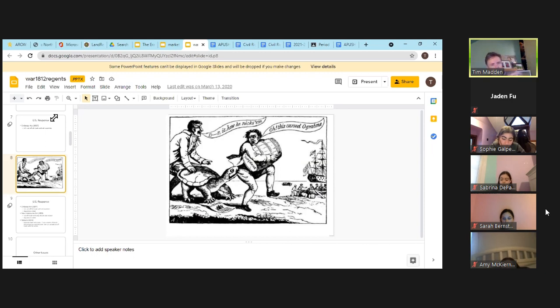And so then it was replaced with another law, which Lizzie was describing, Macon's Bill number 2, which said the United States would open up trade with both countries, but we would cut off trade with the enemy of whoever stopped seizing our ships first. And so France, Napoleon says, we're not going to seize American ships. He rescinds what were known as his imperial decrees. And so then the United States cuts off trade with Britain.